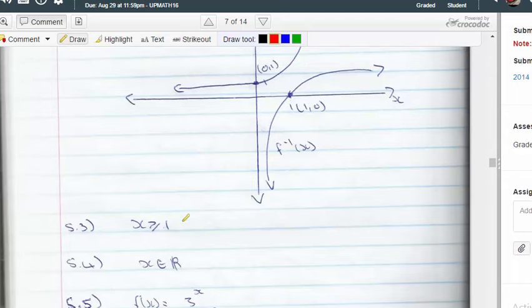This is wrong. Okay, the domain are all the possible x values, and you'll notice here you don't just have x values bigger than 1, you also have smaller than 1, but all of them are bigger than 0. The domain, and so there's 3 domain rules. I'll do them again.